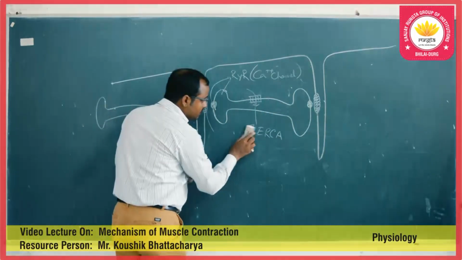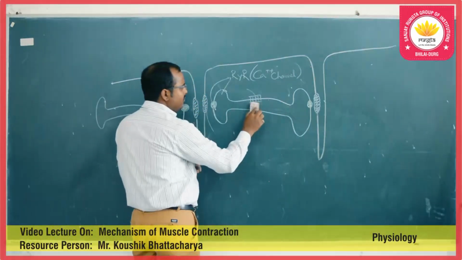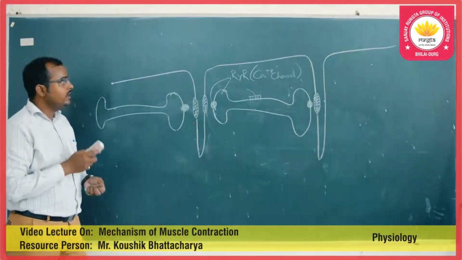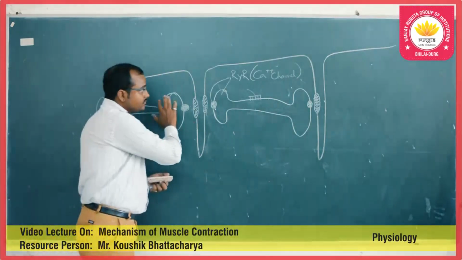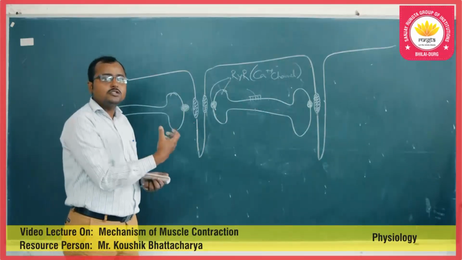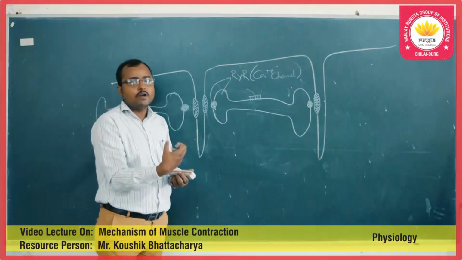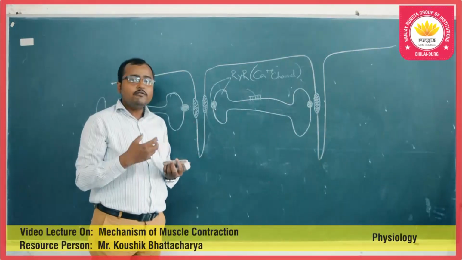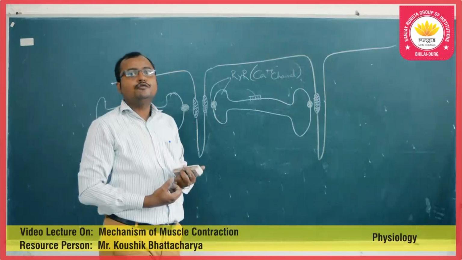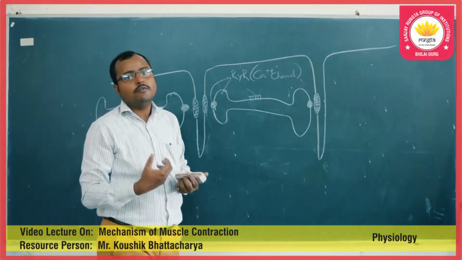But now the question is, what is the mechanism, or why are we discussing those things? Actually, beneath this whole structure, centrally another structure is there, that is known as the myofibril structure. And these myofibril structures are the contractile area of one muscle fiber.